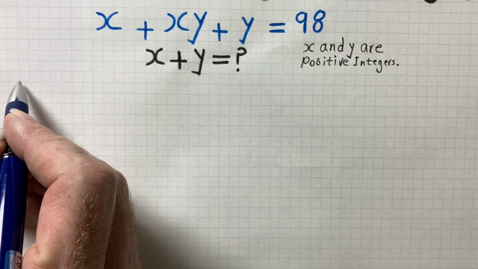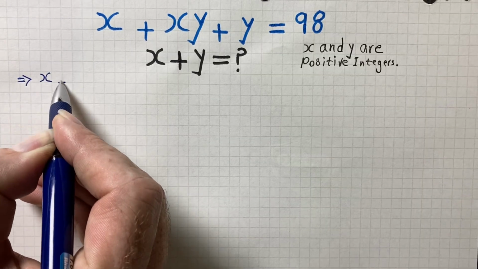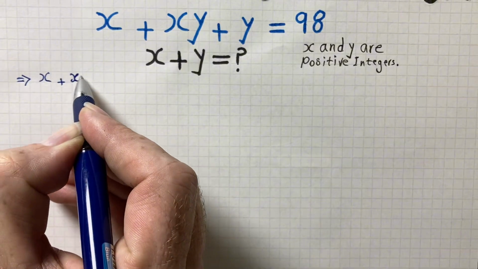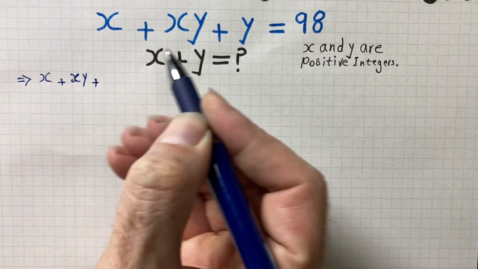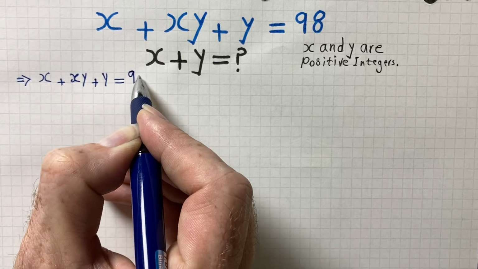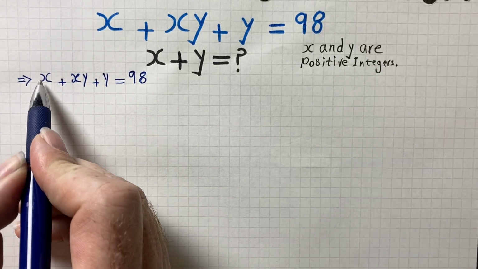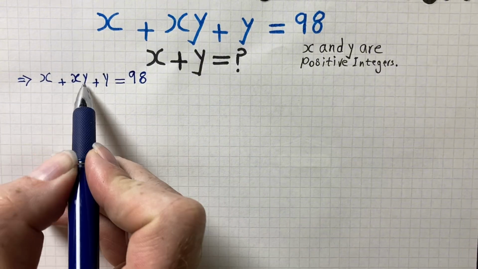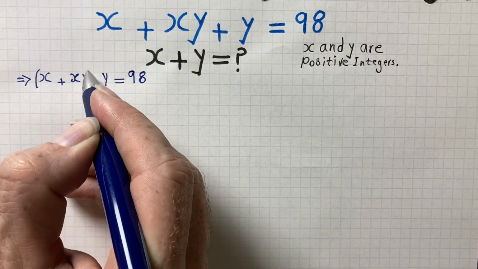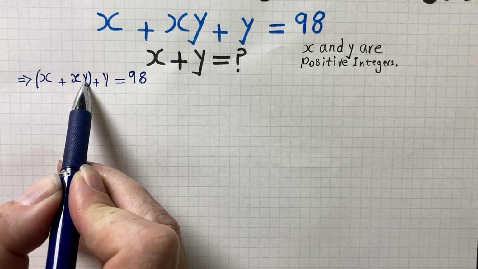So, it is going to be x plus xy plus y equals 98. I'm going to make a group with this term and this term, so I put them in brackets. Now tell me, what is the GCF between this term and this term?